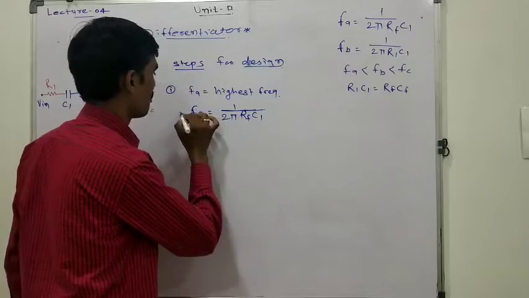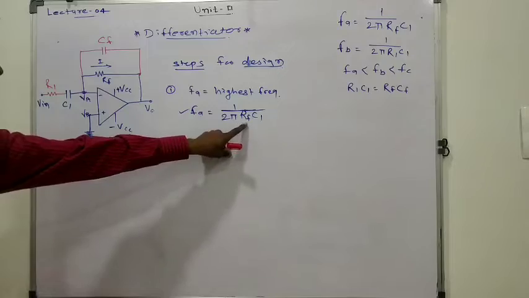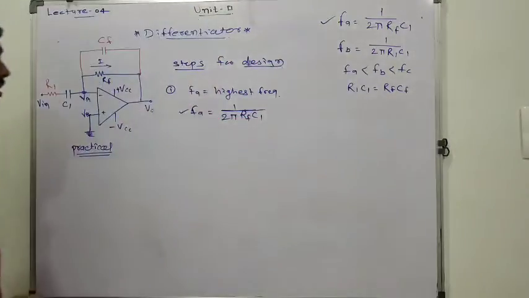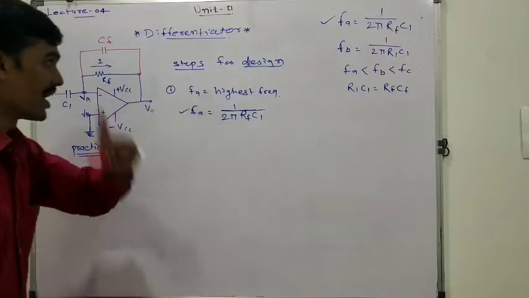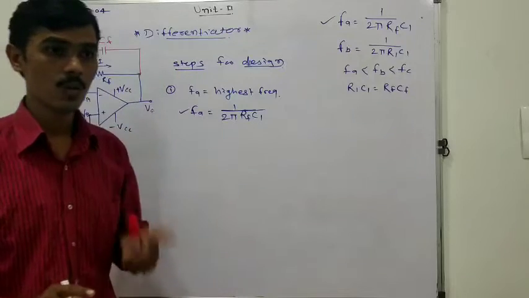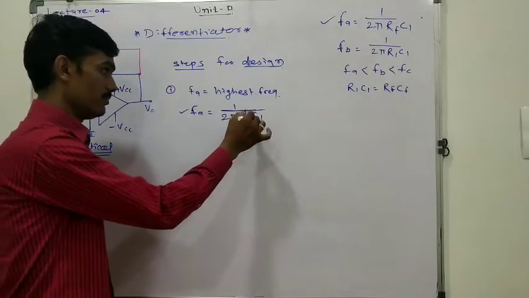Actually, this is the actual frequency, that is FA. We assume FA is equal to 1 upon 2 pi RF into C1. That formula I already wrote here. FA is the highest frequency mentioned in the problem, and its value is 1 upon 2 pi RF into C1.